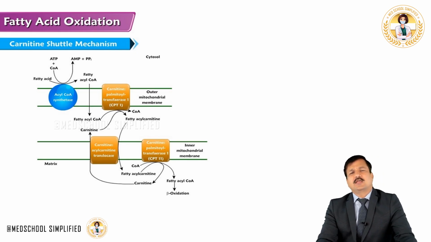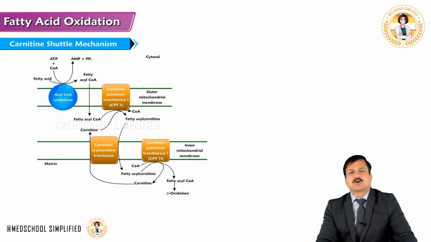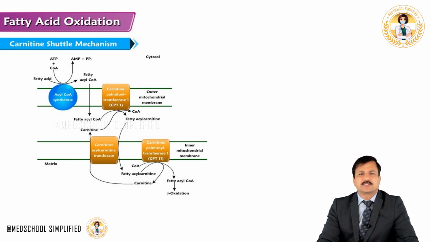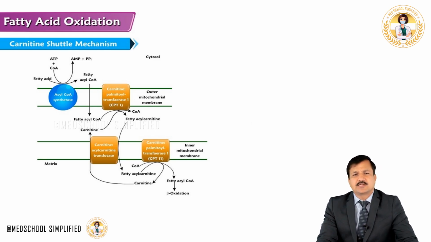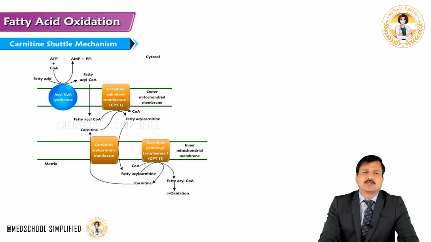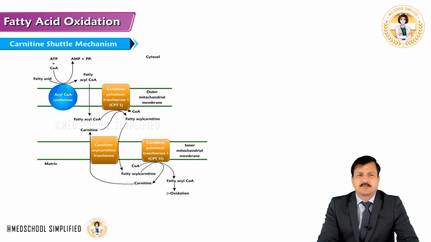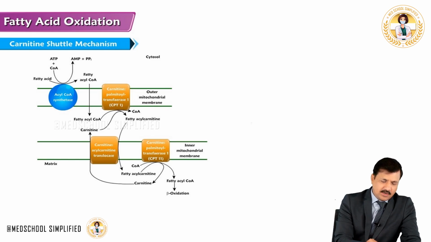It is required in the peroxisomal membrane because when the peroxisome is oxidizing very long chain fatty acids into short and medium chain fatty acids, to transport them out of the peroxisomal matrix into the mitochondria later, we need a carnitine shuttle mechanism because they are carried by binding to carnitine. But here what we are seeing is the mitochondria.